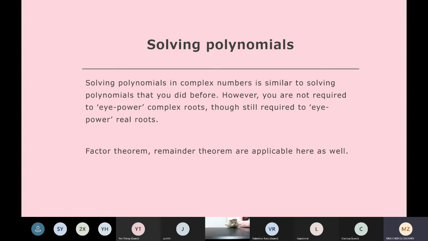Whenever you see polynomials with coefficients that are all real, always keep that in mind, because that's something very important for you to remember. It will really make your life easier in terms of how efficiently you finish that question, and how hard the question will seem to you. So yeah, now let's start.